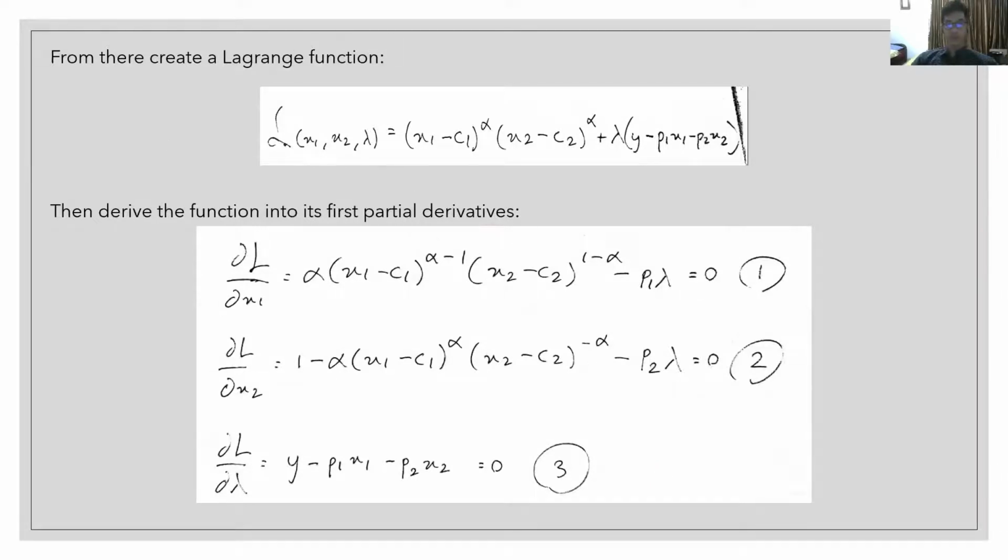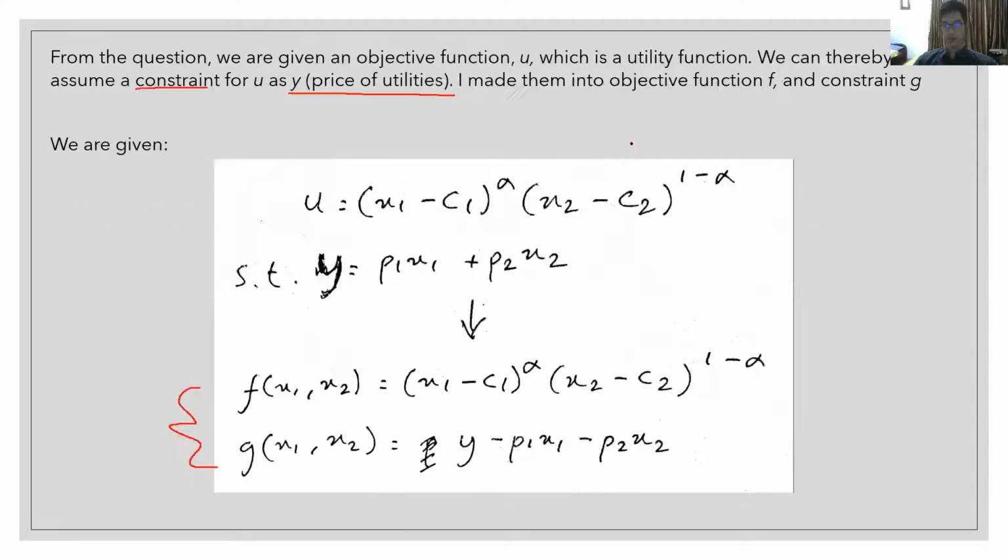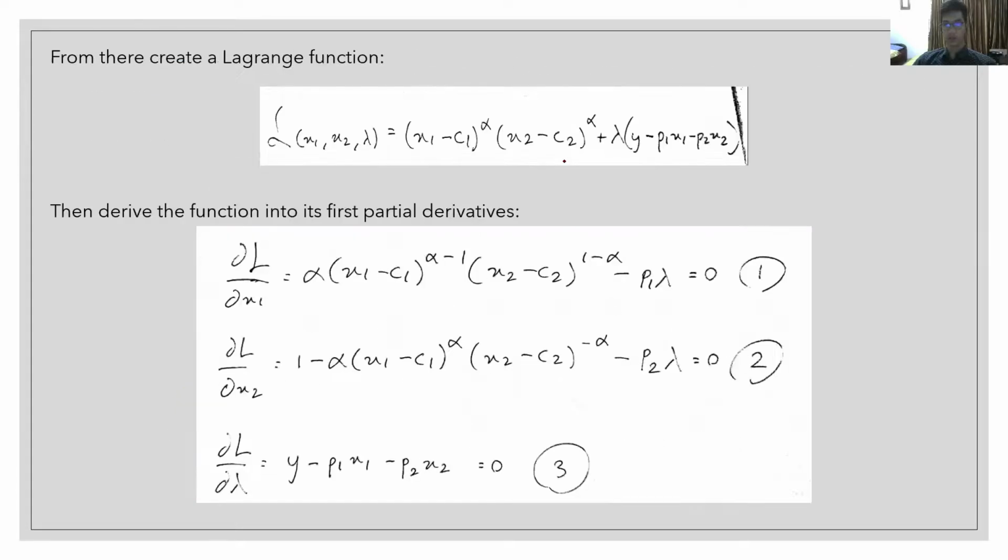With the f and g functions, we can create the Lagrange function, which is this long function right here, with lambda. Lambda is the indicator of change of the constraint.